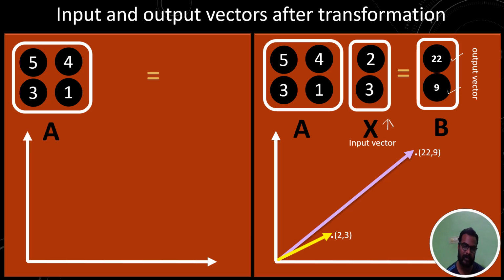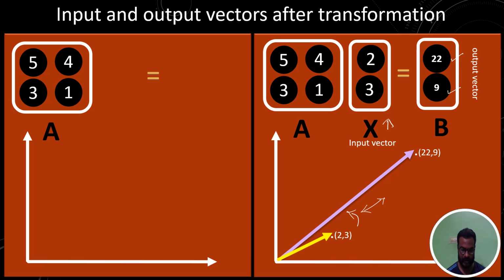That means this vector has been stretched like this, and has been rotated like this. It has moved from its original place to another place. That means it is rotated and stretched. So I can call this vector a non-eigenvector.